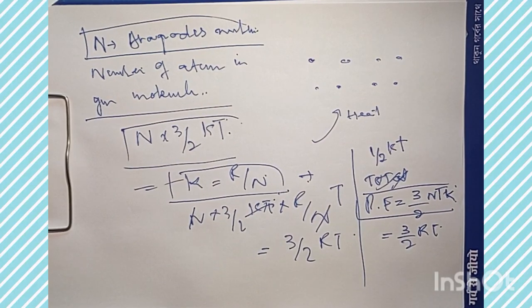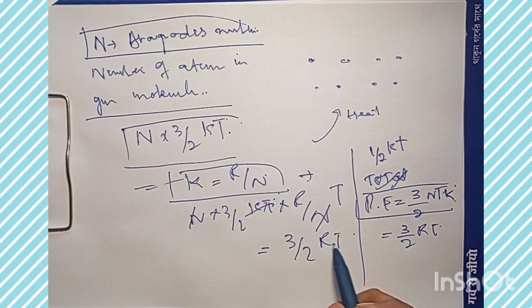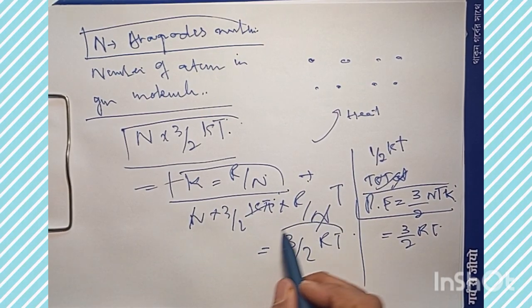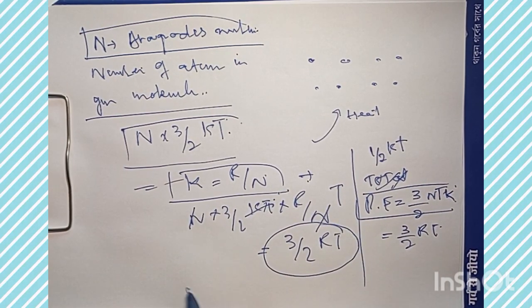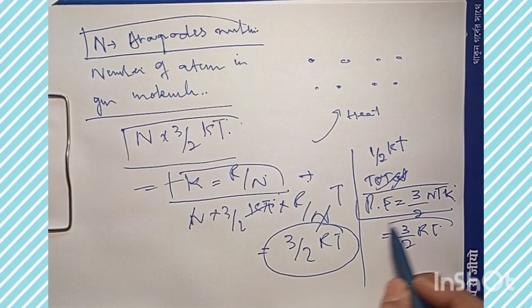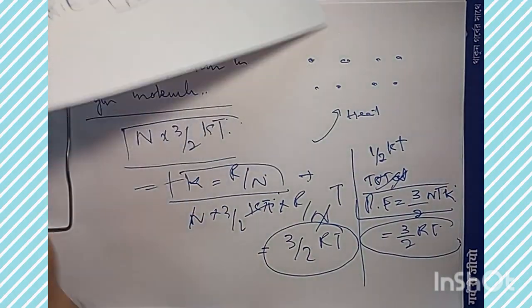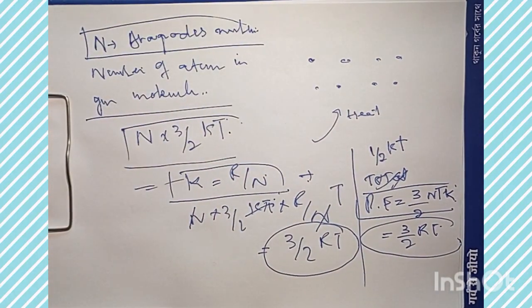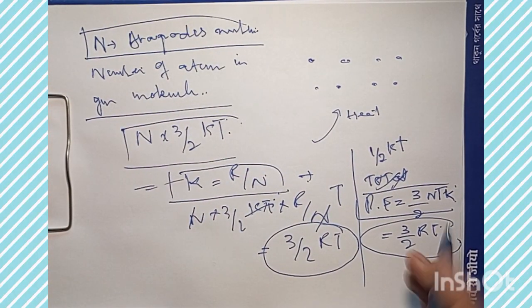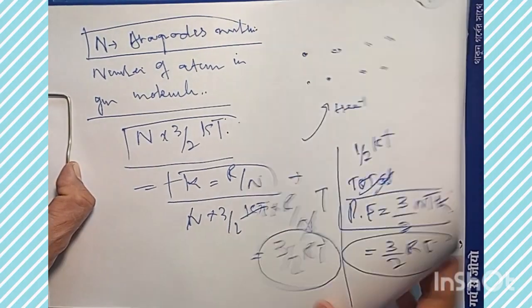So what we are trying to say here is that the average kinetic energy of the atoms in this solid, we take it equal to the average potential energy of these atoms in this solid. So now we can talk about the total energy of these atoms in this solid.